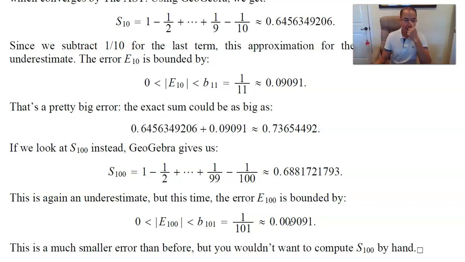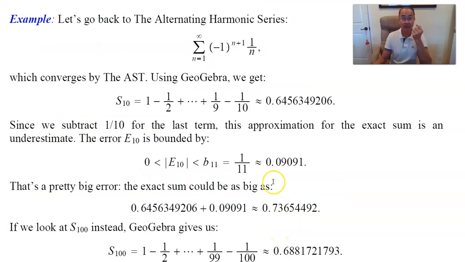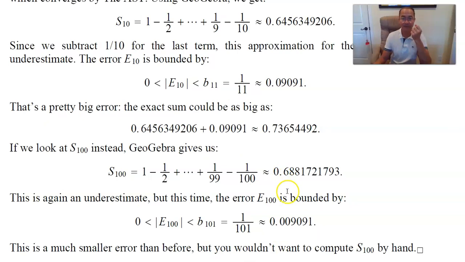The correct answer could be as big as this number plus this number, okay? But since that number is not very big, it's still in error, but at least the error is a lot smaller than 0.09091. Okay, I'm going to tell you a secret. We know exactly what the sum of this alternating harmonic series is.